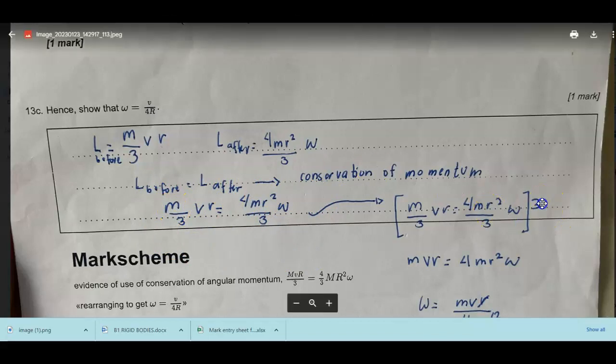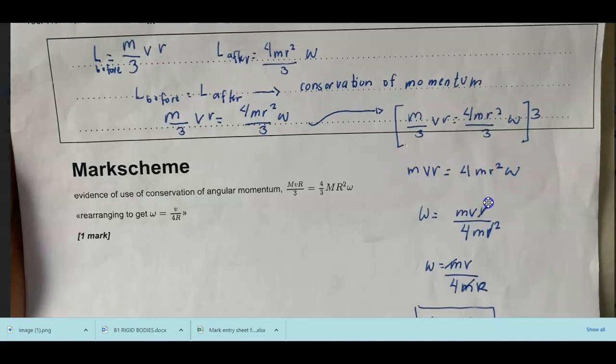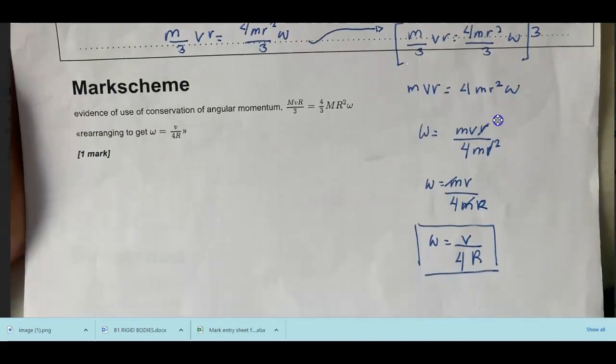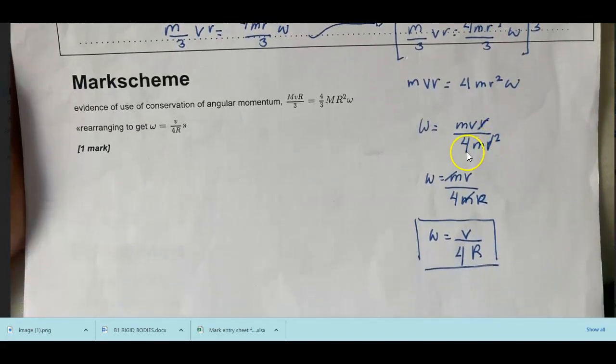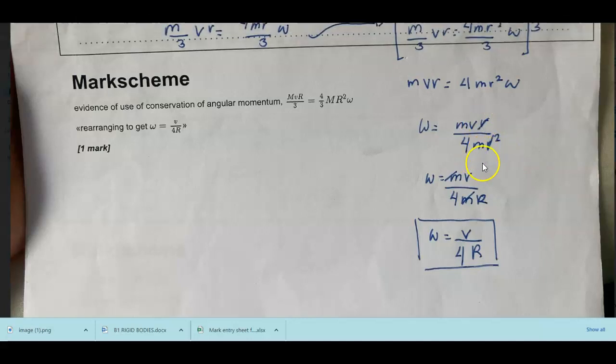Since there is an equal sign, we can just multiply everything by 3. Therefore, if we multiply all the quantities in the parentheses, the denominator will be cancelled out, and it becomes mvr equal to 4mr squared omega. We are looking again for omega, therefore, if we divide both sides by 4mr squared, this gives us omega equal to mvr over 4mr squared. Canceling out like terms, r and r squared are like terms, m and m are like terms.